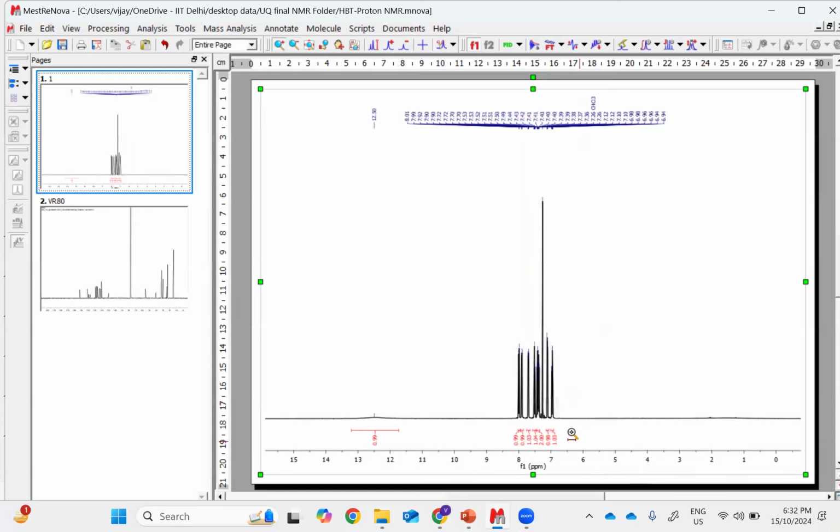Also, if you look at this spectra, it doesn't make any sense because most of the space is blank. So we can zoom this spectral region and put it in the blank space here. Let's hide this one.